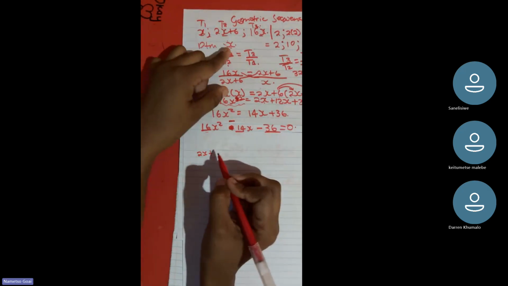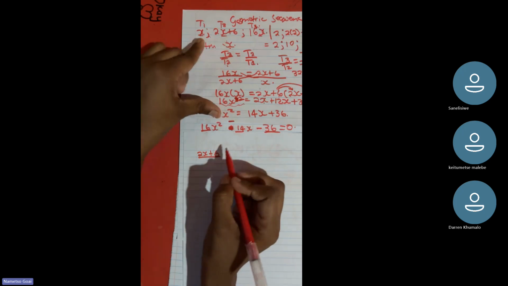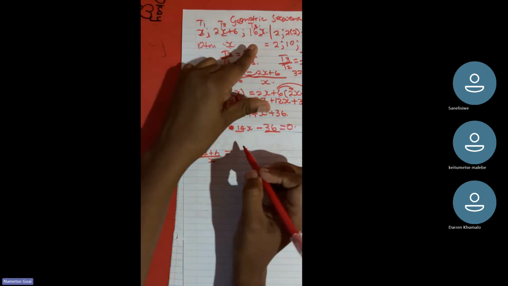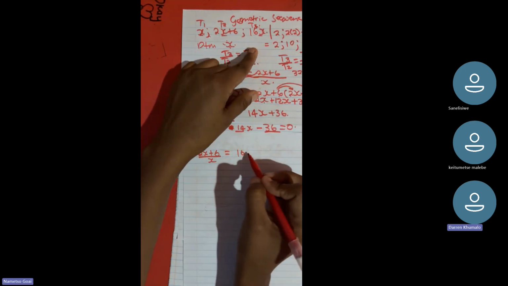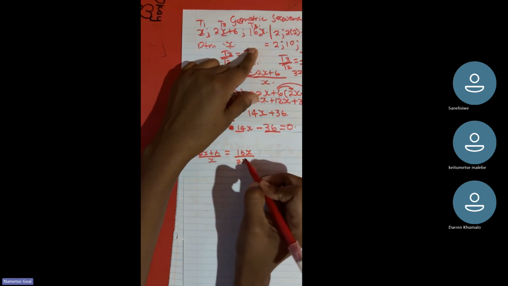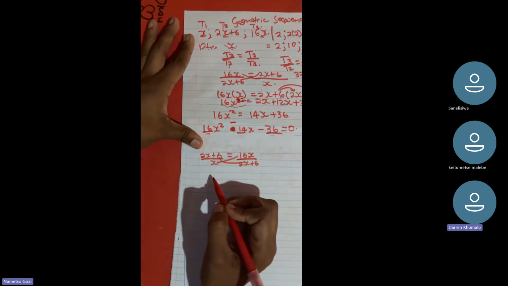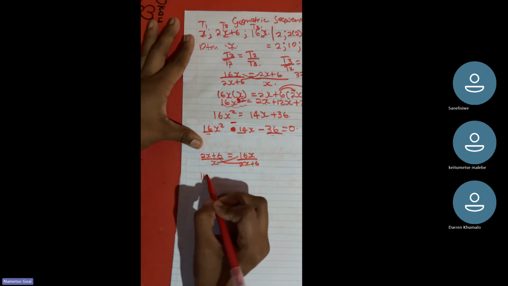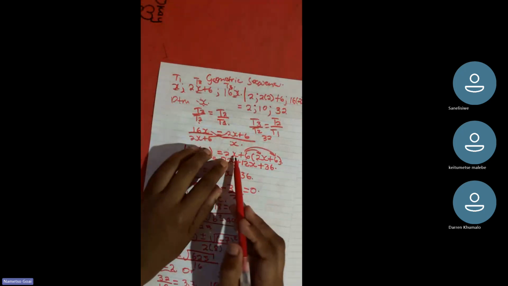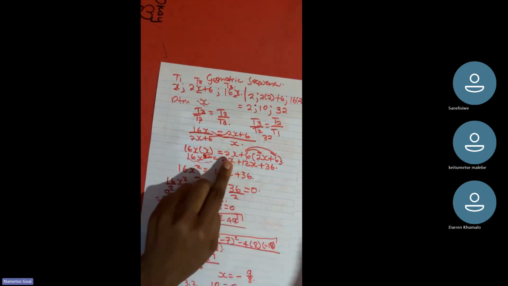2x plus 6 divided by x equals 16x divided by 2x plus 6. Oh yeah, this is where we went wrong.